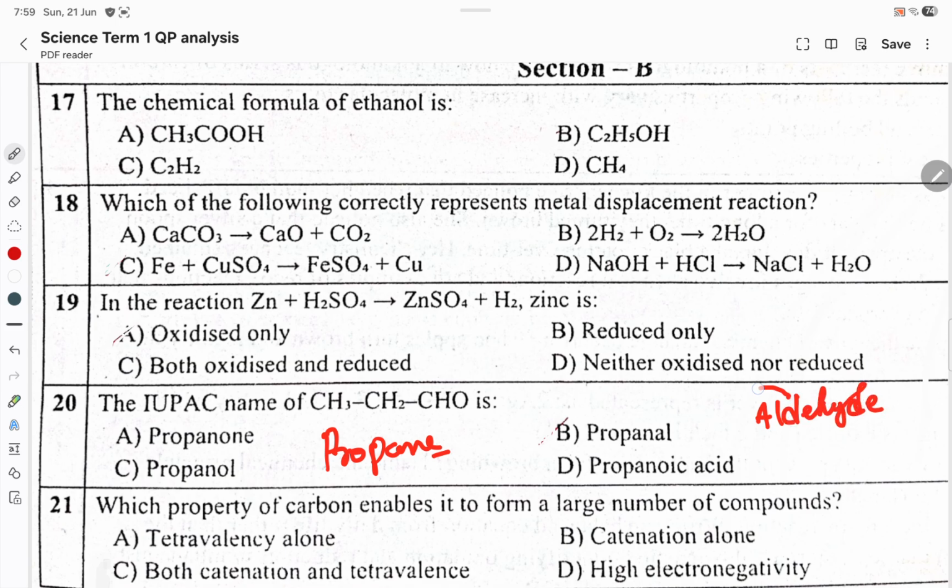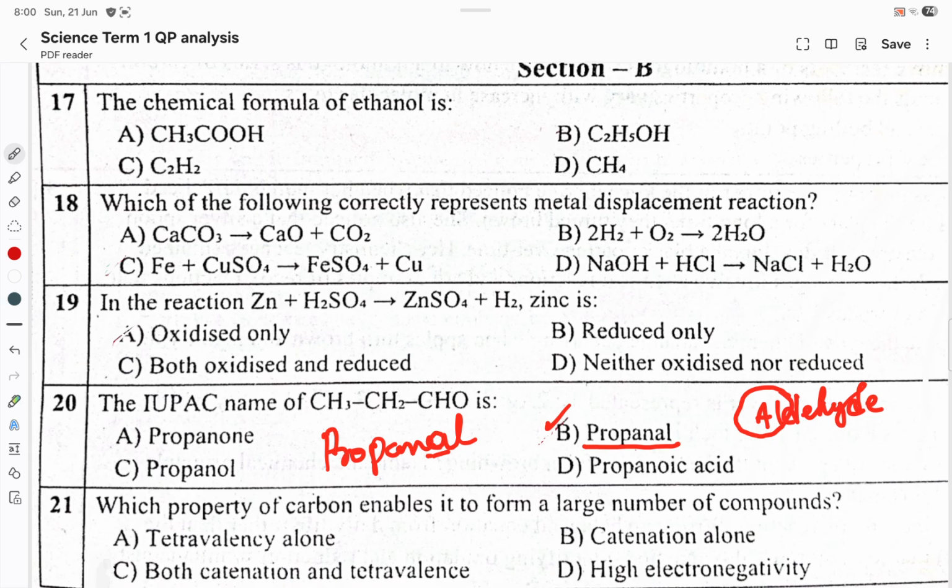These first two letters we add in the place of E. Now it becomes propanal. Propane becomes propanal because of the aldehyde functional group. So the correct option here is propanal, or we can say propanaldehyde. Propanal or propanaldehyde, we can name this one either way.